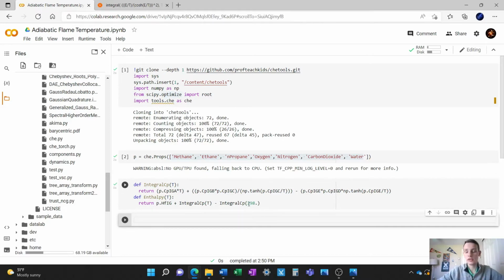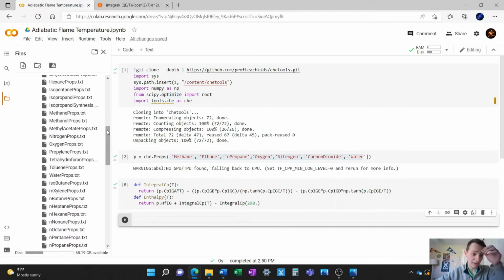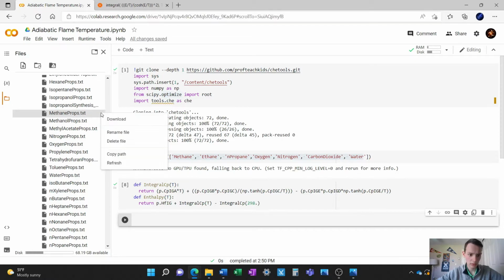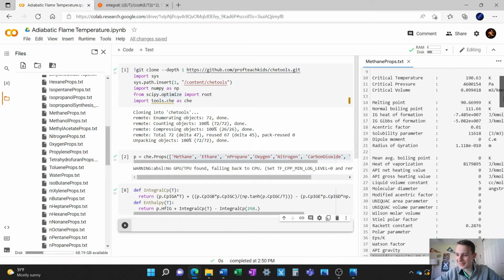What we need to do is remember that these are on a per mole basis, and there is something very important that I'm forgetting here that I'm glad I just remembered. So let me pull up methane again so that it's visible here. Come on. There we go. Sorry about that.